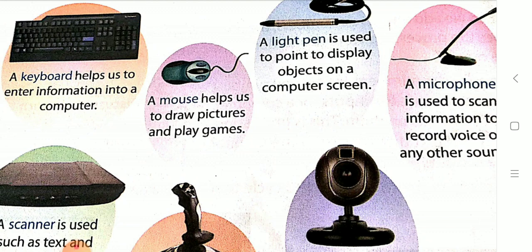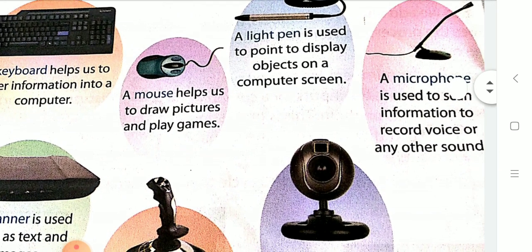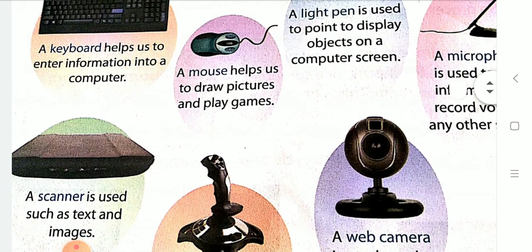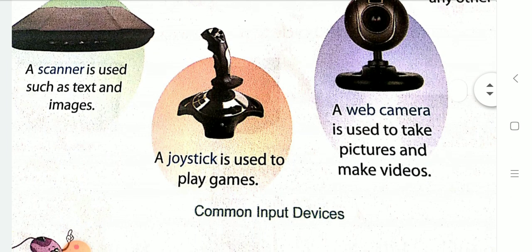Next, a microphone. You have all seen this microphone in our assembly. A microphone is used to record a voice or any other sound. Now next, a scanner. A scanner is used to scan text and images.